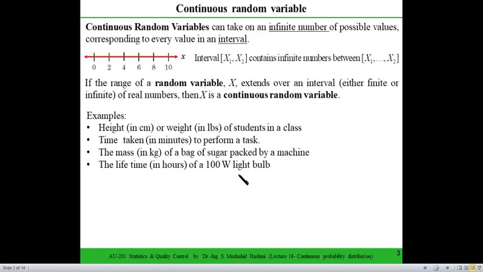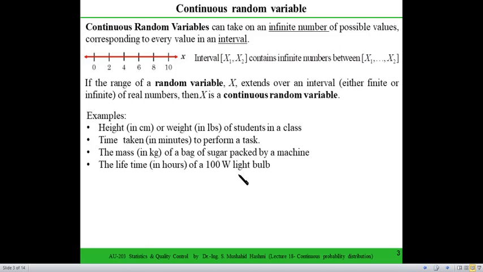If I pick any student from the class and record the height or weight, I could get any value which can be represented on a number line, and it could be a value in decimals, or an integer value.